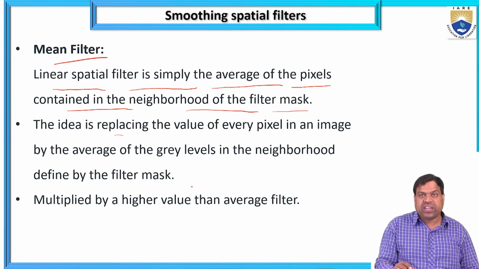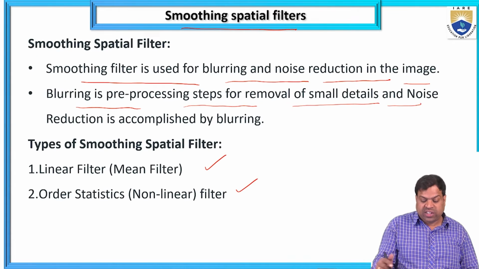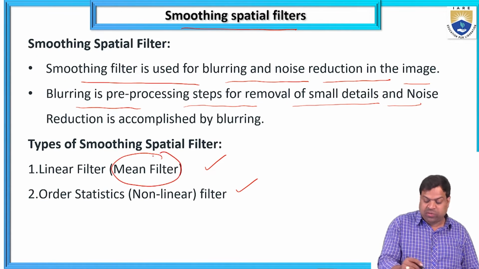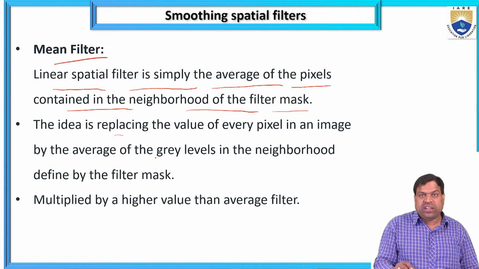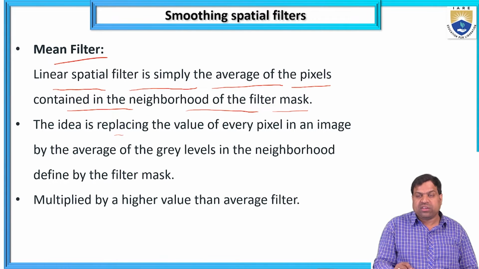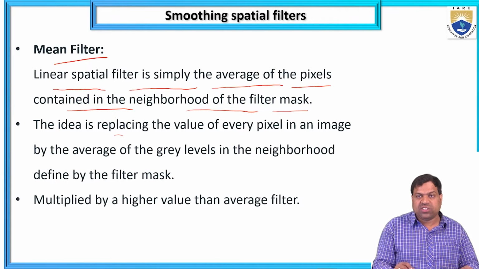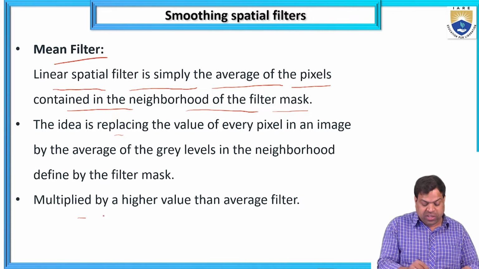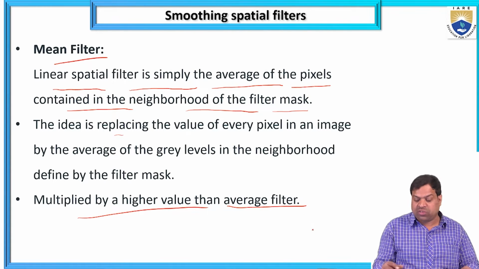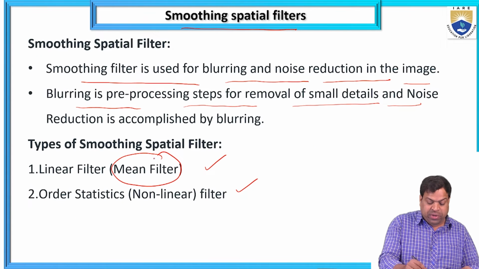The linear spatial filter, that is the mean filter, is simply the average of the pixels contained in the neighborhood of the filter mask. The idea is replacing the value of every pixel in an image by the average of the gray levels in the neighborhood defined by the filter mask.